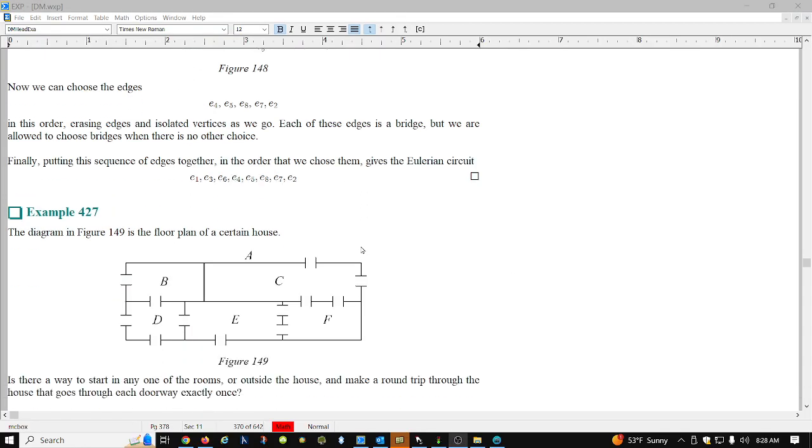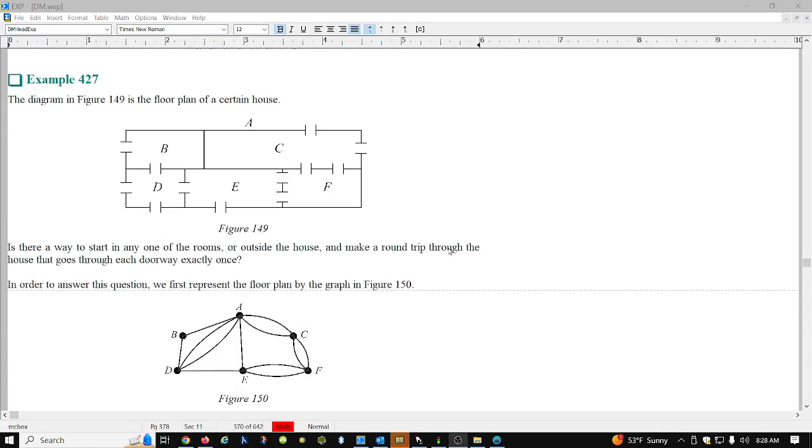Another example, here is the floor plan of a certain mostly unlivable house. Is there a way to start in any one of the rooms or outside the house and make a round trip through the house that goes through each doorway exactly once? Well, to answer this question, we need to represent the floor plan by a graph.